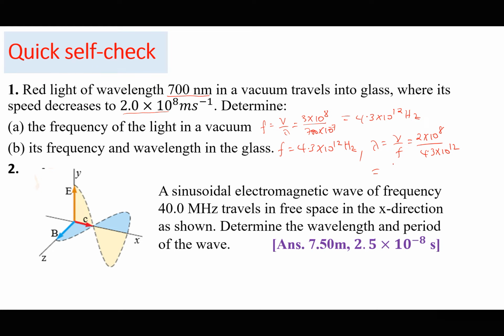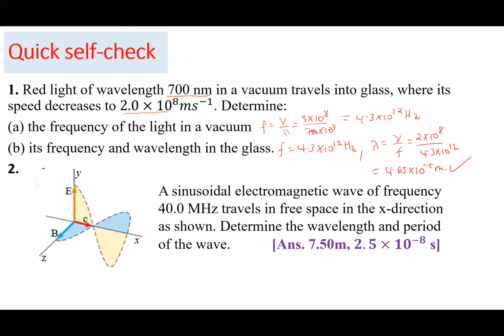So this is approximately 4.65 times 10 to the power of minus 7 meters. I'm going to change it to nano, divide this by 10 exponent negative 9. It is very big. I will just leave it like that.